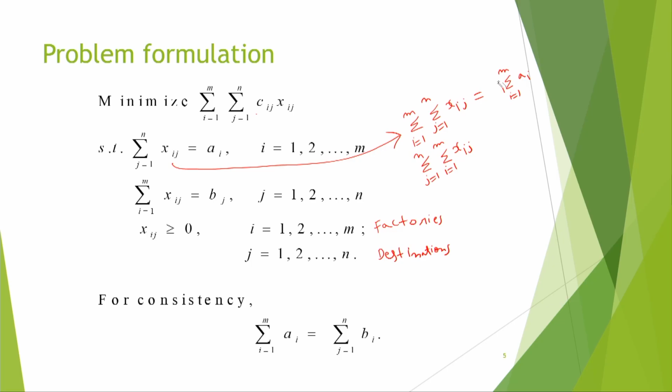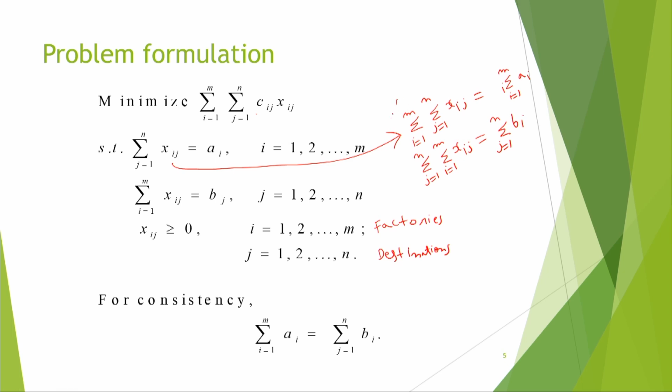Okay, I hope that is clear. So this one you have done like that, and this is equal to sigma j equal to 1 to n bj.